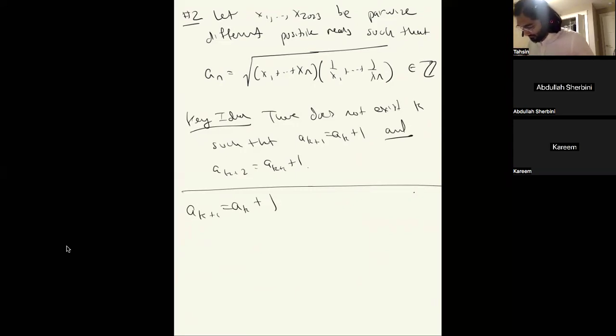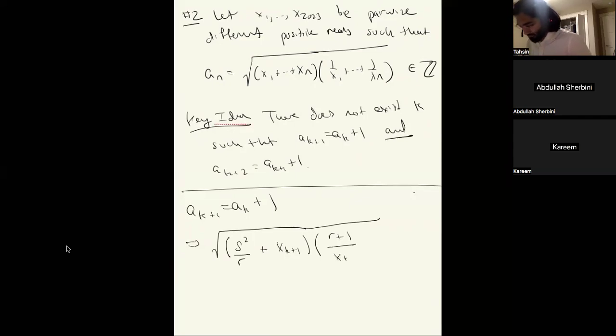Yeah, but you can write it as square root of s squared divided by r plus x k plus 1, close the brackets, and then r plus 1 divided by x plus x of k plus 1.